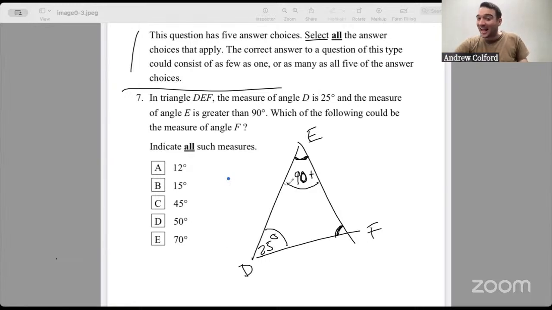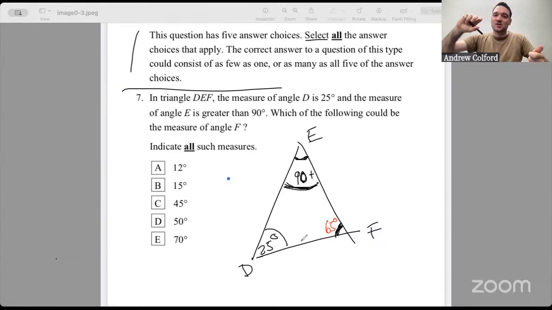It can't be 90 degrees, but if we make it 90, that sets a floor for that angle. So 25 plus 90 is 115 degrees, which would mean the missing angle would be 65 degrees.